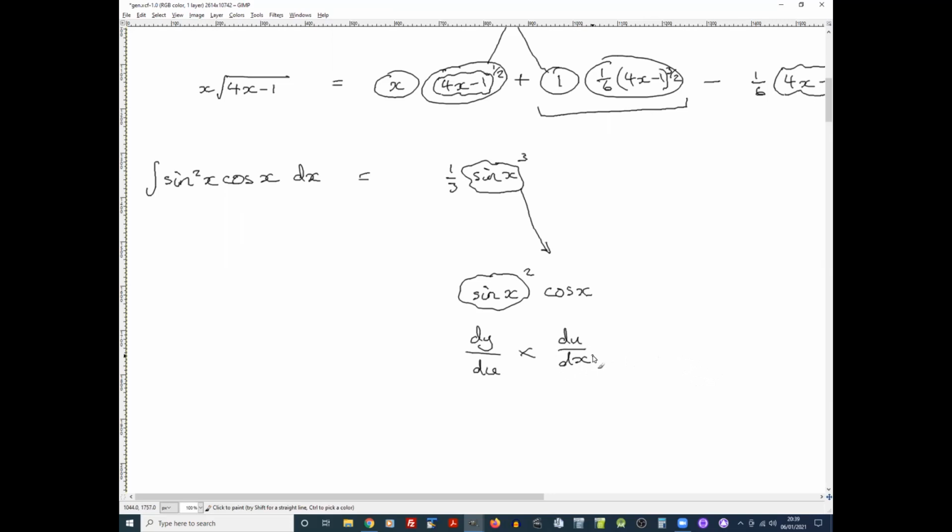Okay, and now we're missing the cos x from the previous bit. Are we missing a cos x? From the original integration. The original thing we were integrating was sine squared x cos x, wasn't it? I don't see what's missing.